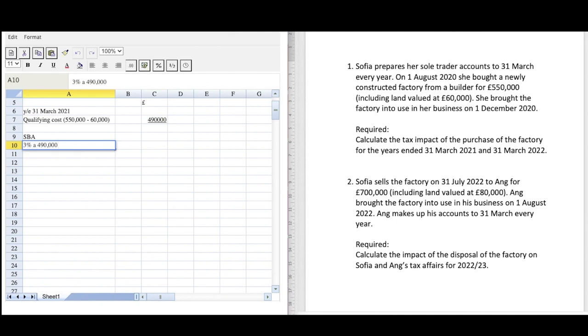Not only was it only bought part of the way through the period, but they didn't actually start using it in the business until the 1st of December 2020. So that means we're actually only going to give 4 months' worth of the allowance in that period, only from the 1st of December 2020 until the 31st of March 2021. So that's 4 months. So that works out to be £4,900.